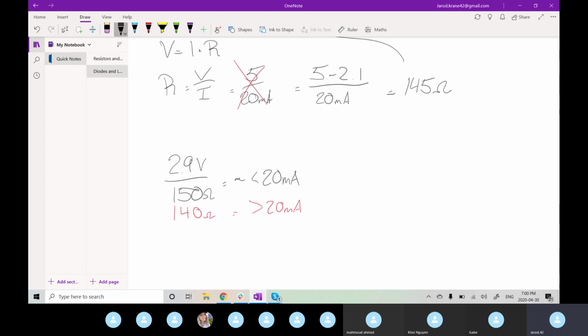While they are capable, like they have a maximum limit, sometimes it's 40, 50 milliamps. If you use LEDs above their rated current for a duration of time, you start to degrade them quicker.